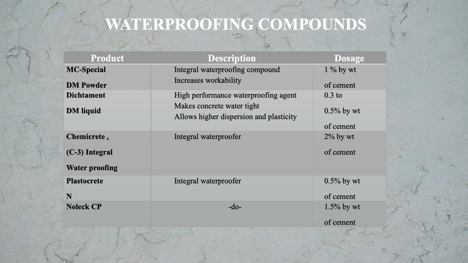Then Chemicrete C3 integral waterproofing compound is also available, and its dosage is 2% by weight of cement. Another waterproofing compound is Plastocrete, and its dosage generally used is 0.5% by weight of cement.